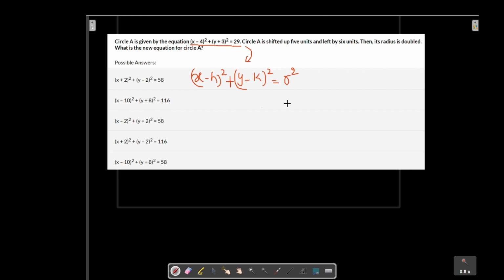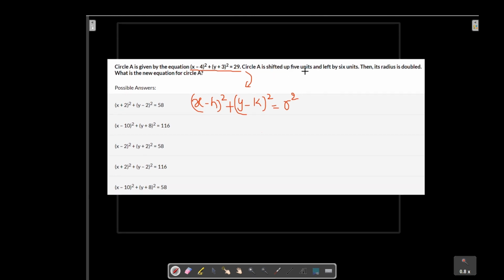Before comparing this, we'll see what is our question. Circle A is shifted up 5 units and left by 6 units. Then its radius is doubled. What is the new equation for circle A? Here, they are transforming the circle and we need to find out the equation of the transformed circle.